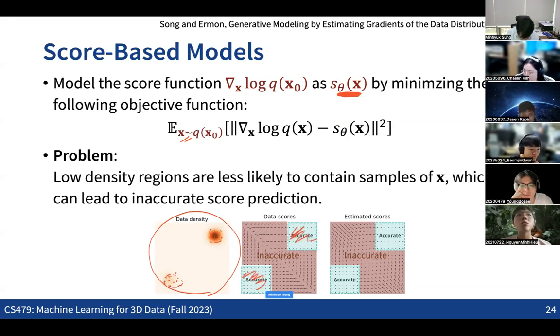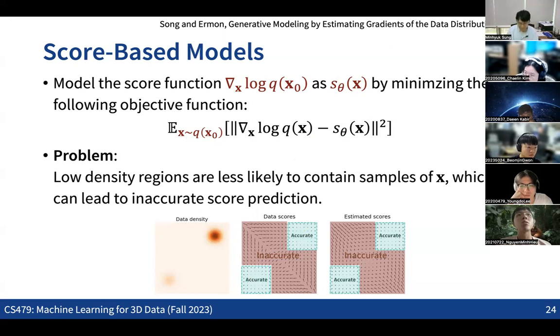But the thing is that we are starting from the uniform distribution to go into the data distribution, which means that we might start from any point in this 2D space. For all these arbitrary positions, we also need to have this score information.